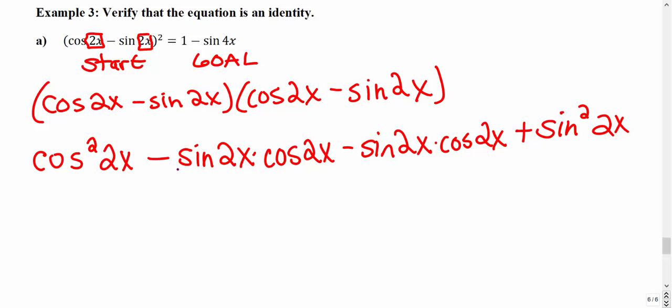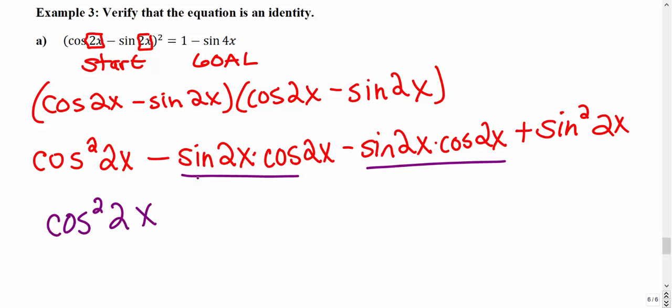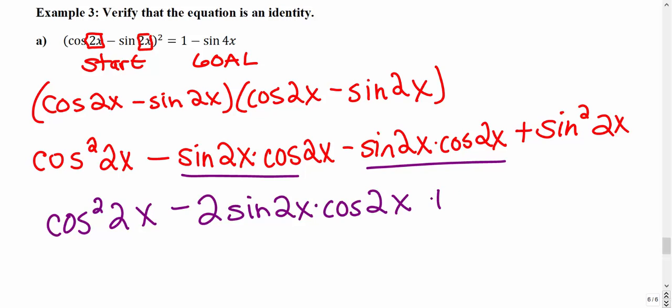We notice that the two middle terms are like terms, so we can combine them. That would be minus 2, since there's two of them, sine of 2x times cosine of 2x, and then we bring down our plus sine squared of 2x.